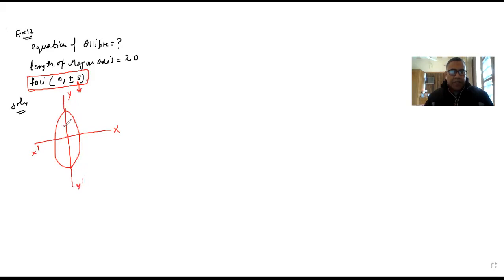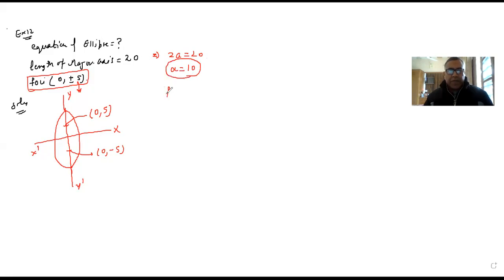So that means this point will be 0, 5 and this point will be 0, minus 5. And he's saying length of major axis, so that means 2a is equal to 20 and a is equal to 10.